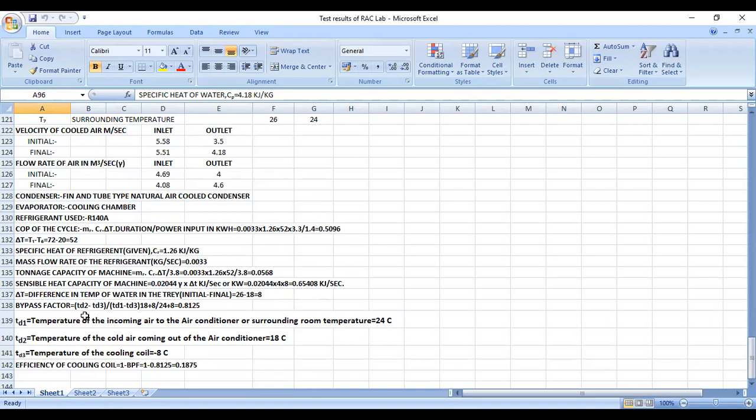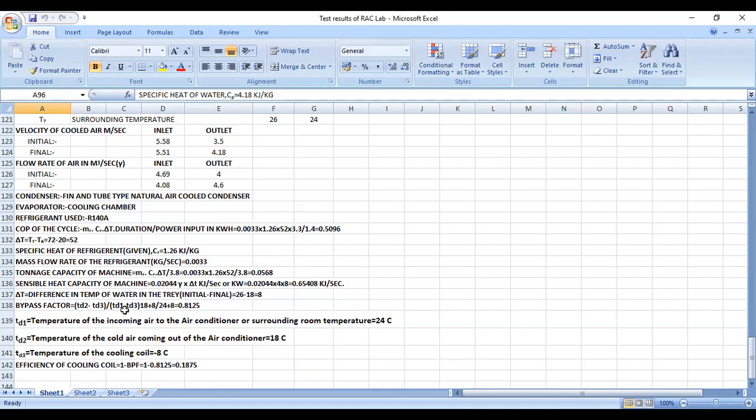Bypass factor is (T2D minus T3) over (TD1 minus T3), where T2D is the temperature of the cooled air coming out of the air conditioner, T3 the temperature of the cooling coil, minus 8 degrees, and TD1 the temperature of the incoming air to the air conditioner, or surrounding room temperature, 24 degrees.